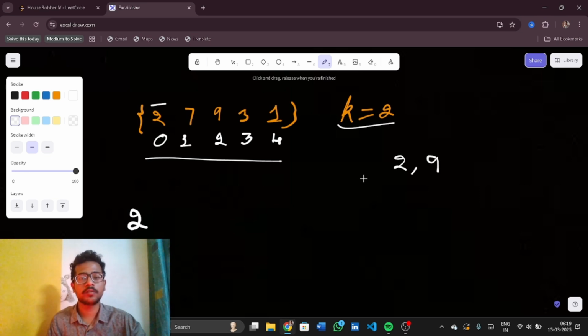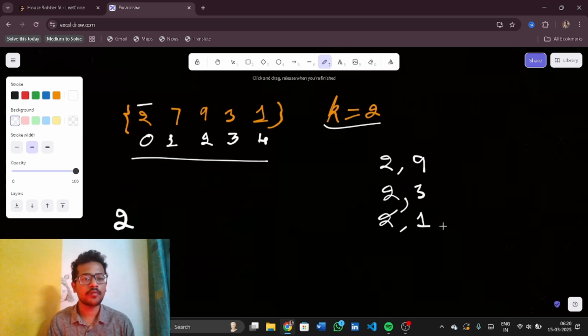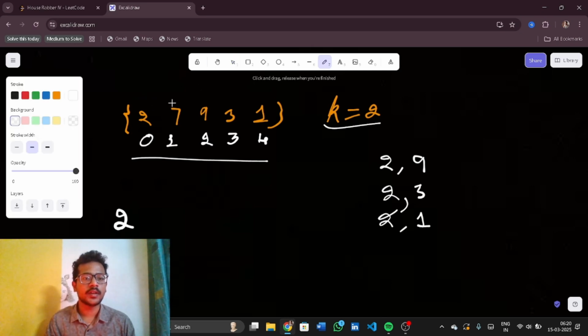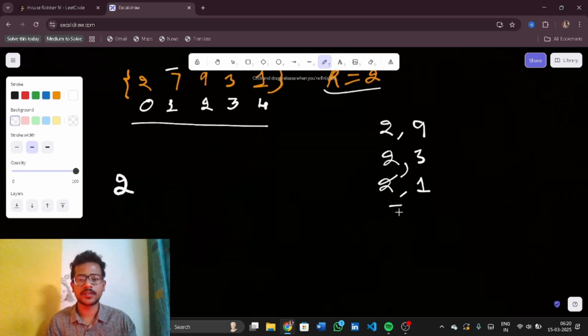First I'll write all the combinations of houses with k equal to 2, meaning only 2 houses. So 2 comma 9, then 2 comma 3, and then 2 comma 1. After that I'll take 7: 7 comma 3 and 7 comma 1.